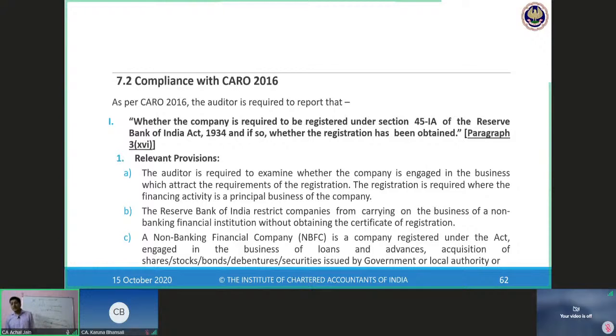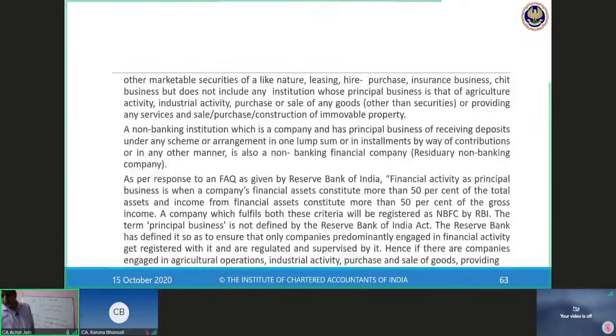The registration is required where the financing activity is the principal business. RBI restricts companies from carrying on the business of NBFC without obtaining certificate of registration. And an NBFC is a company registered under the RBI Act, engaged in the business of loans, advances, acquisition of shares, or various other things.